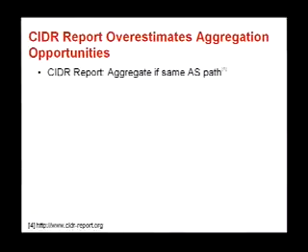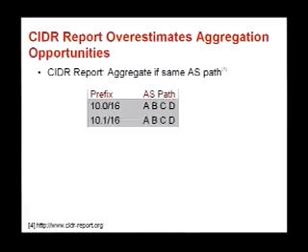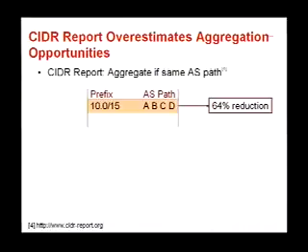So we did the same study: if we assume that people are advertising these contiguous prefixes for a reason, how much could you reduce the routing table size? We did a CIDR report style study on our route views table, and if you apply the CIDR report rules, along the lines of what we see every week, you can get about a 64% reduction in the number of prefixes in the routing table.